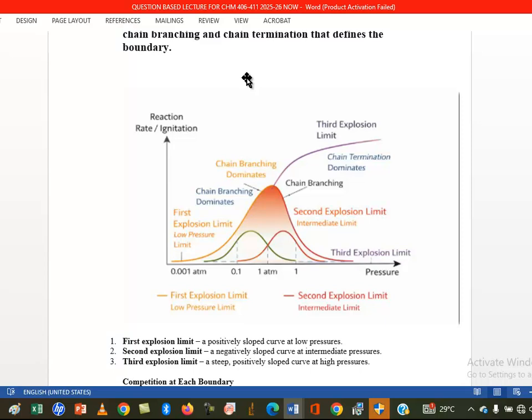Chain branching dominates here, and then you can have a chain termination, which is the third explosion limit in some cases, or you can move on to form the second explosion limit by further chain branching, and then you end with a third explosion limit. So you have the first curve, and then some minor ones, two smaller ones inside. That's all you need to do to answer that first part.